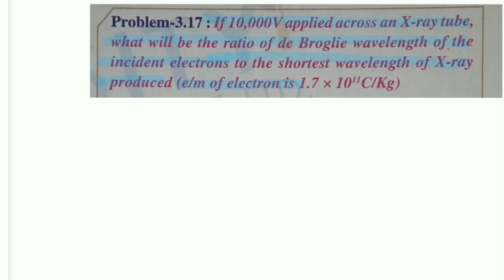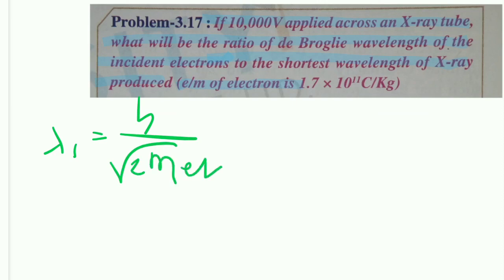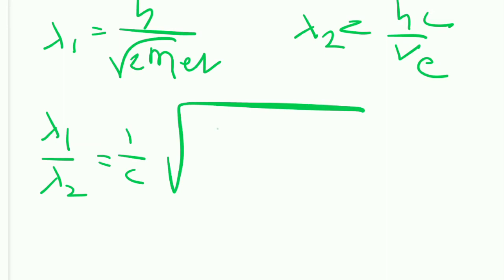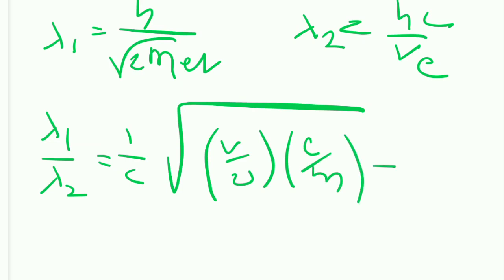So lambda 1, the de Broglie wavelength of the incident electron, is h by under root 2meV. The shortest wavelength of the X-ray photon lambda 2 is hc by Ve. Then lambda 1 by lambda 2 is equal to 1 by c under root V by 2 into e by m, which is equal to 0.1. This is the answer.